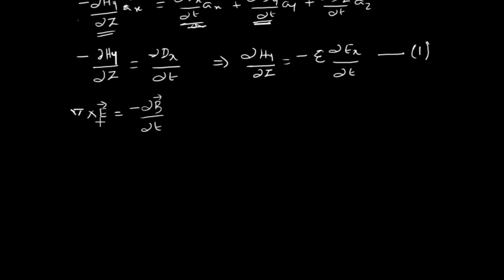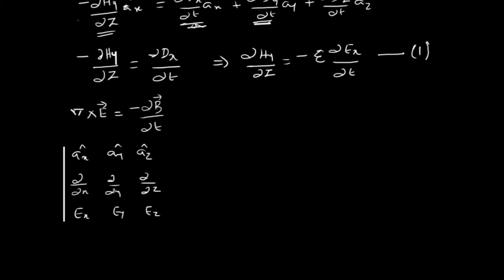So again here curl of E can be mathematically evaluated in determinant form. So writing it in that form: ax cap, ay cap, az cap, partial differential with respect to x, partial differential with respect to y, partial differential with respect to z, and Ex, Ey, Ez.